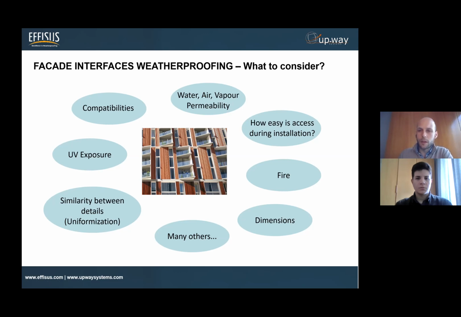When we are dealing with interfaces, we need to take movement into consideration. For the most common interface, between a window and the sheeting board, we are expecting movement, even if quite small, but at least some centimeters that we should be able to accommodate with our solution.